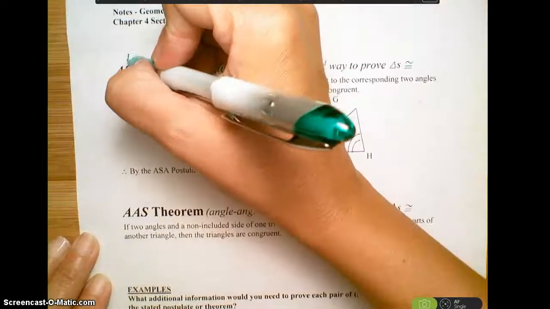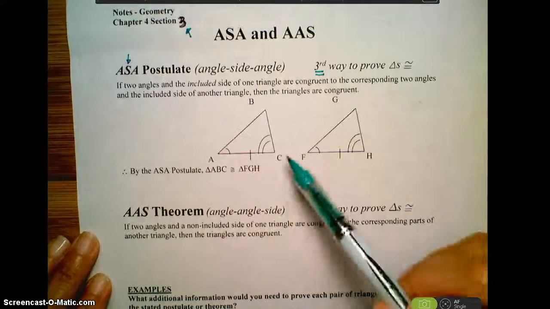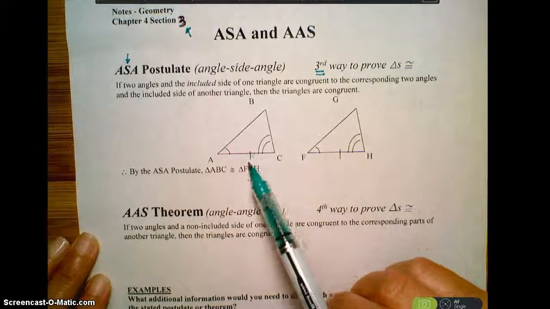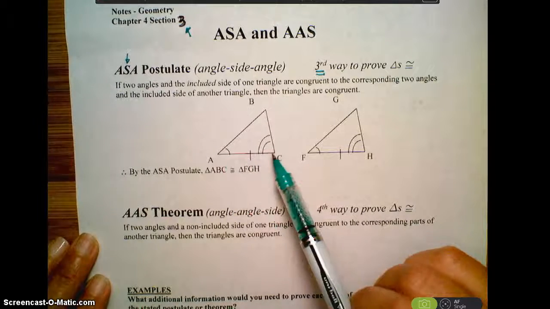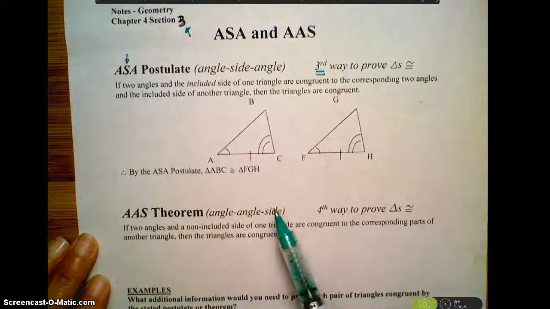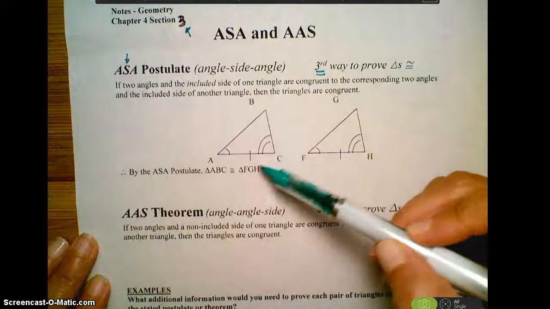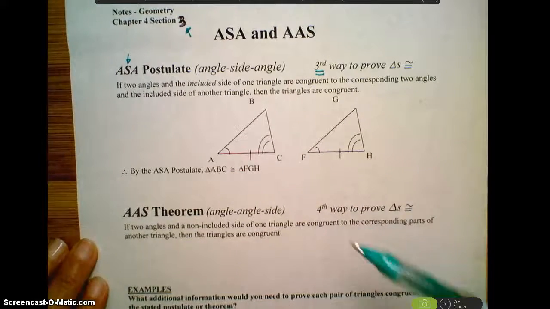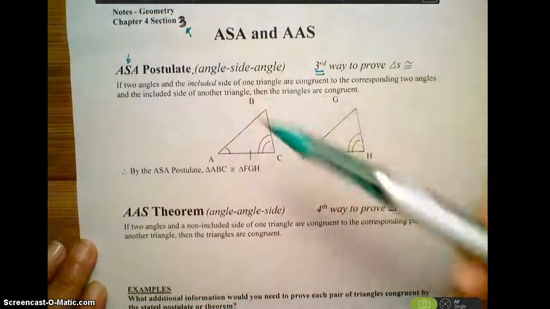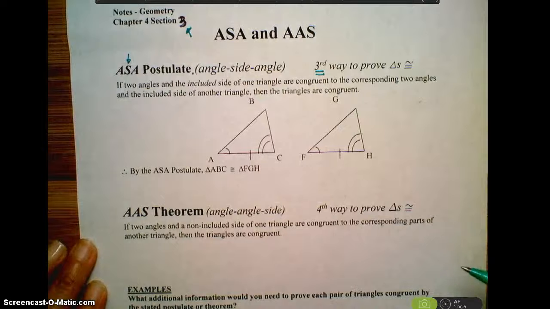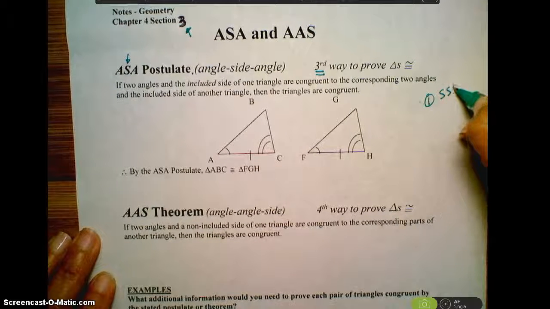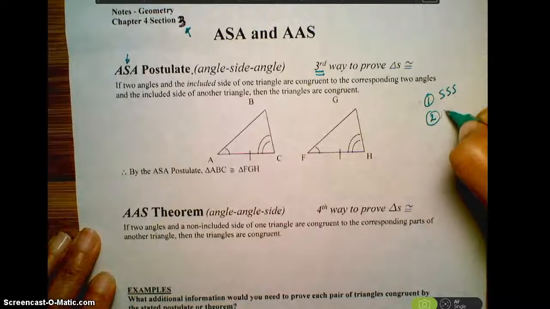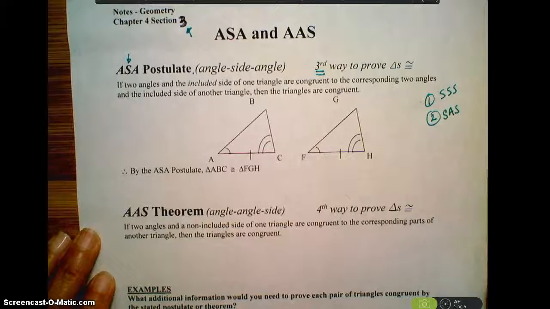Notice the S is between the two angles, just like the side here is between the two angles on the triangles. Okay, so keep that in mind. Also, don't forget to keep your correspondences correct. Notice this is a postulate just like the other two ways. And remember the other two ways that we looked at were side, side, side and side, angle, side.